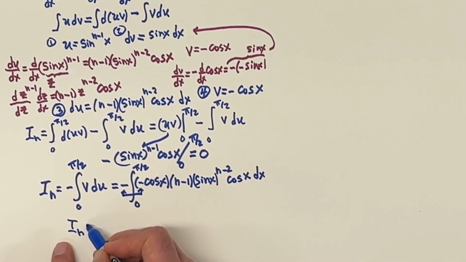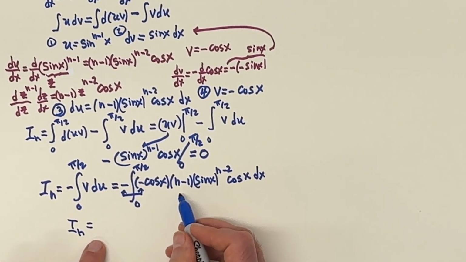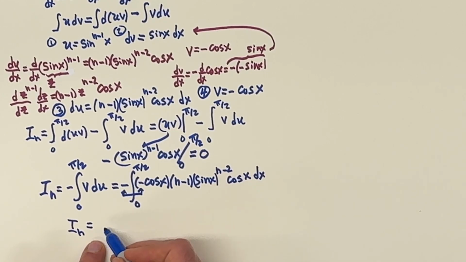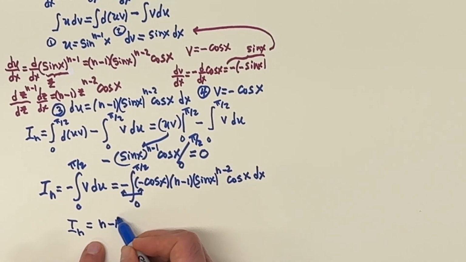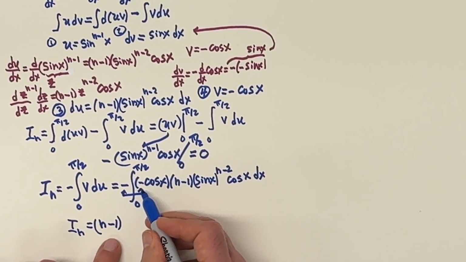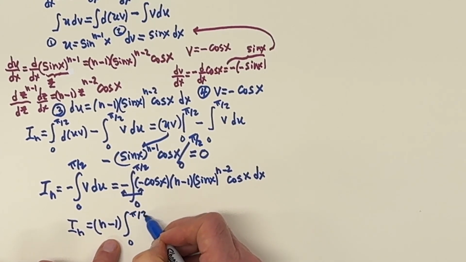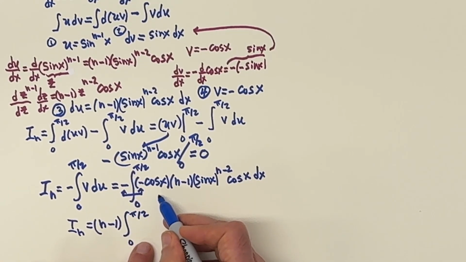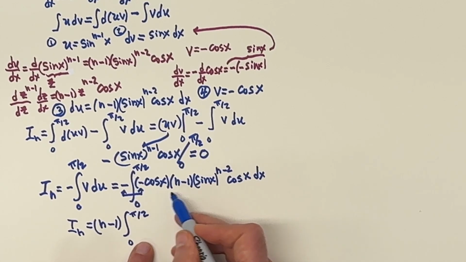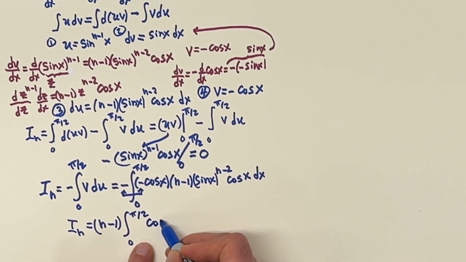So then we're going to have, well, also a constant can be pulled out. So let's pull out that n minus 1. Then from 0 to pi over 2, we're going to have cosine of x and cosine of x. So that's cosine squared of x.